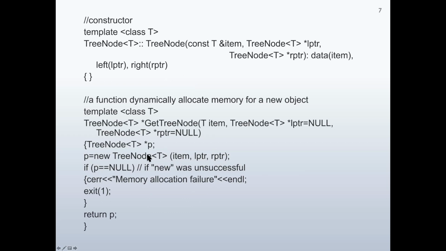And the address of the new node is loaded to P. If P is null, that means that the new operation applied here is unsuccessful. In that case, the message memory allocation failure is sent to the error device and it goes to the next line and exits the program. Otherwise, if it is successful, then the address of the node just created is returned from the function getTreeNode.